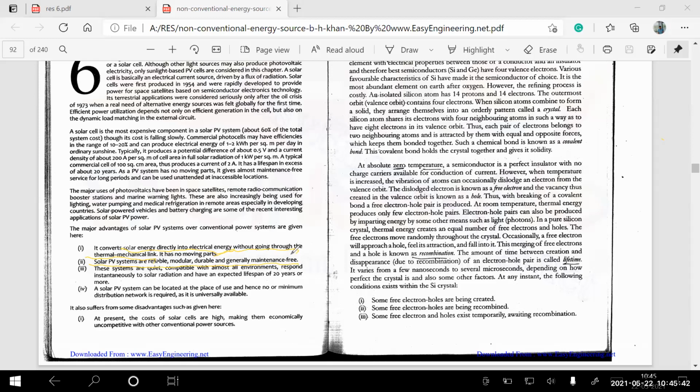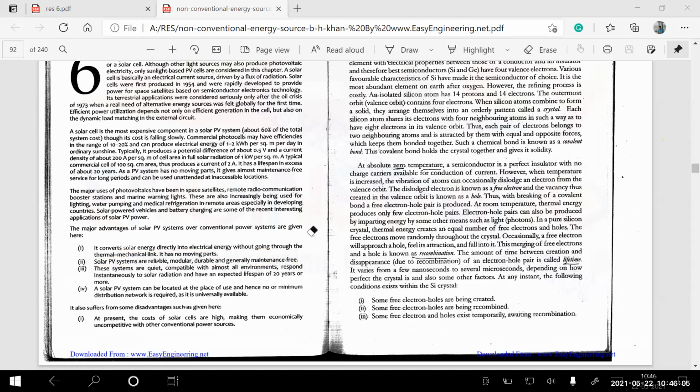Not much maintenance is required due to the environmental effect. These systems are quite compatible with almost all environments, respond instantaneously to solar radiation and have an expected lifespan of 20 years or more.